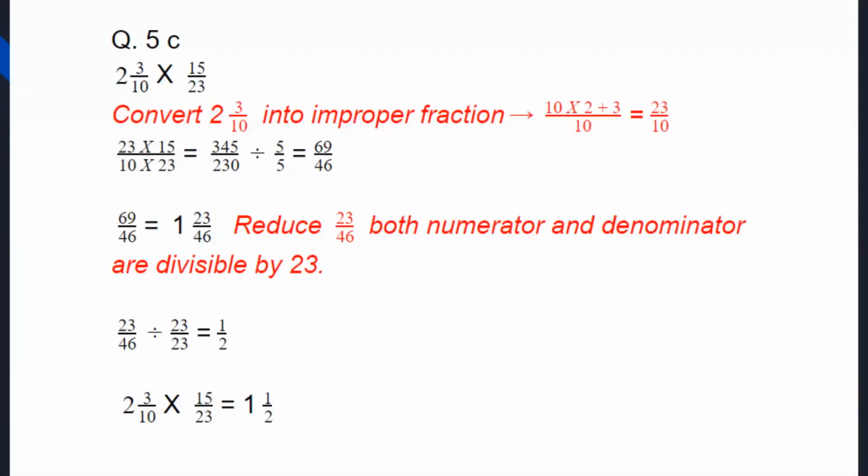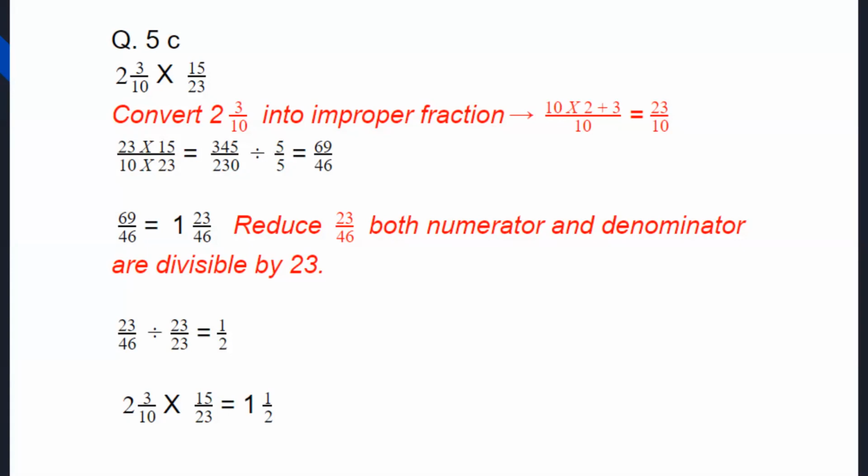Let us take examples of the sums of the mixed fraction. Question number 5C. 2 3 by 10 into 15 upon 23. So 2 3 by 10 is the mixed fraction. We will convert it into improper fraction. 10 into 2 plus 3 upon 10 equals 23 upon 10.